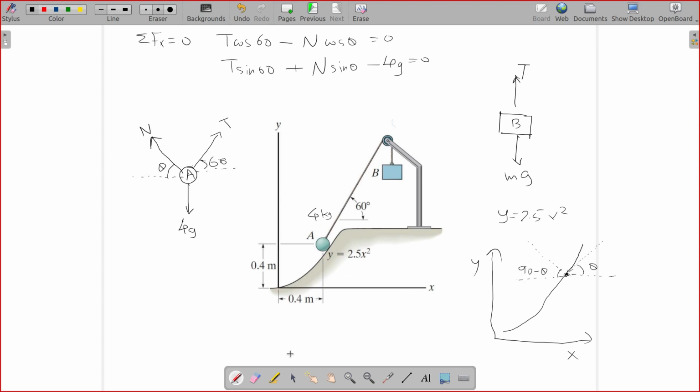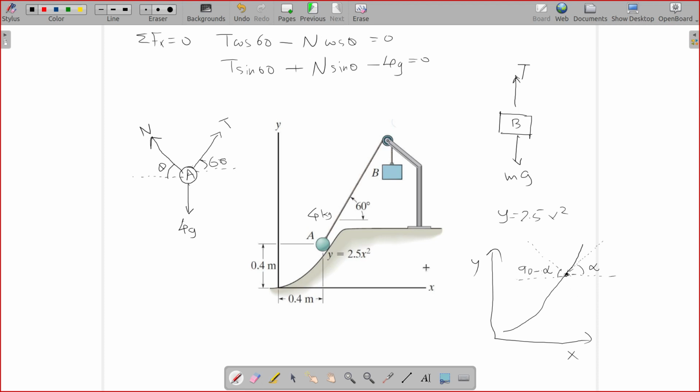I will use alpha, otherwise it will be confusing. So this is the angle which we need here, theta.